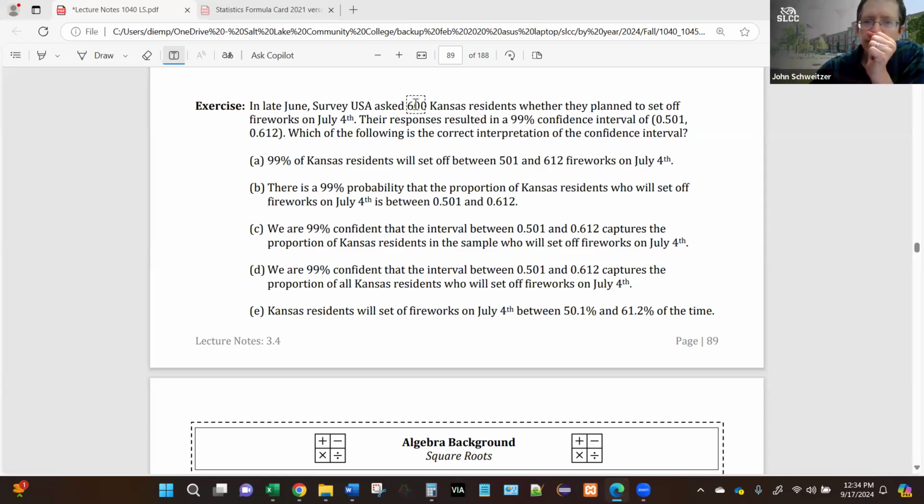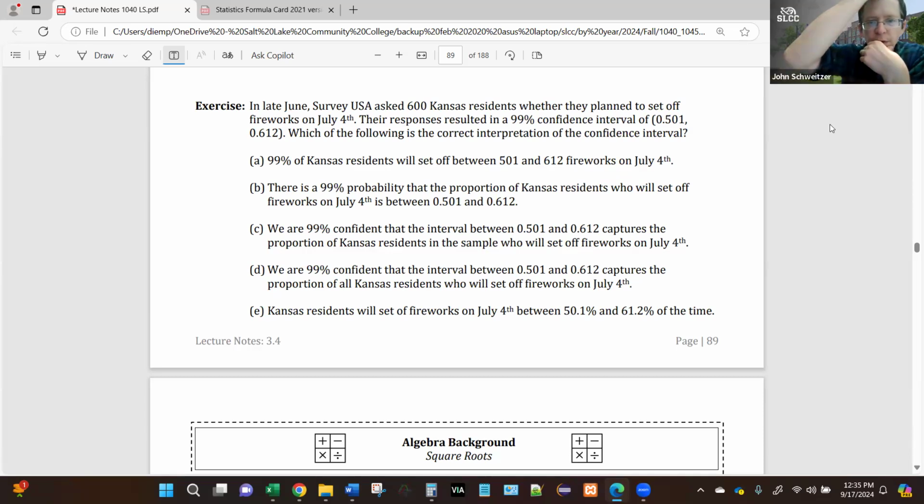So this isn't across the whole country. They're looking at people in Kansas. So they asked 600 Kansas residents whether they plan to set off fireworks on the 4th of July. And this polling company came up with a confidence interval to 99% confidence, and so the interval is 0.501 up to 0.612.